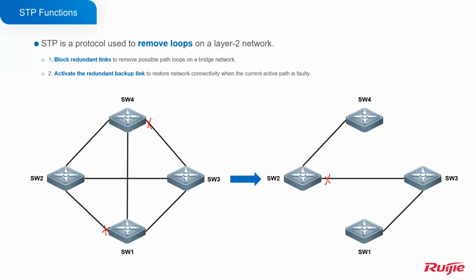So we cannot just directly disconnect the physical links. We can block these ports. The word we use here is block, because when some fault occurs in the network, we can still activate the redundant backup link. In this way, we can restore the network connectivity when necessary. This is the function of STP.